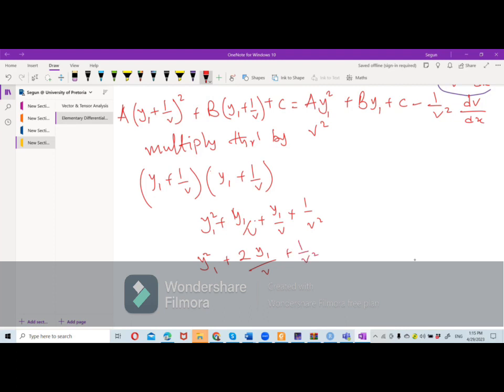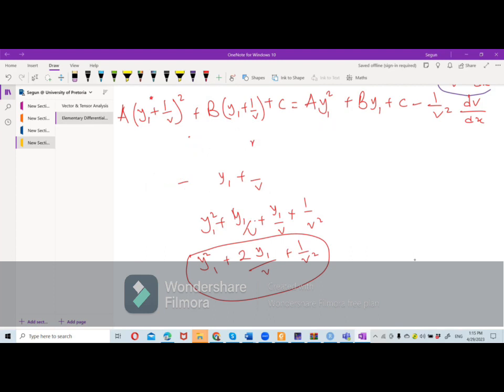Do you agree? Yes, sir. So I'll take this back to the equation because I will clean the board. Let me clean all this first.